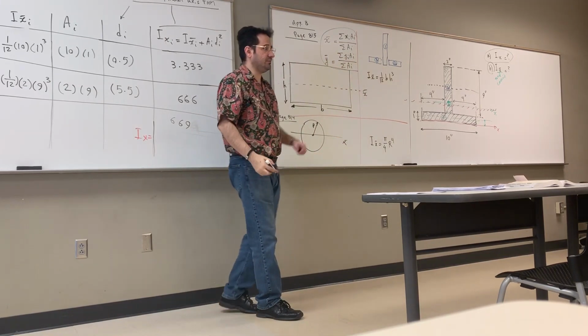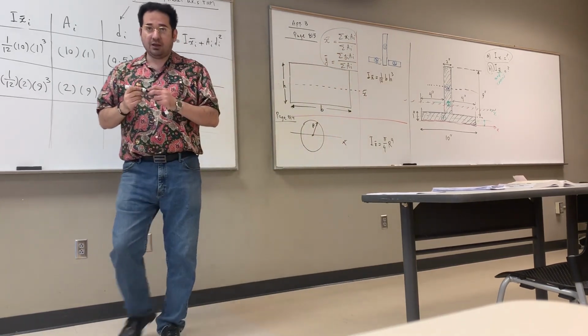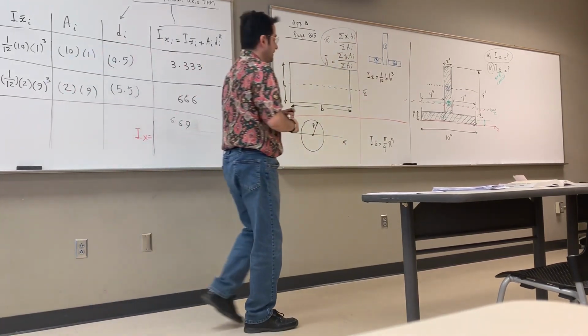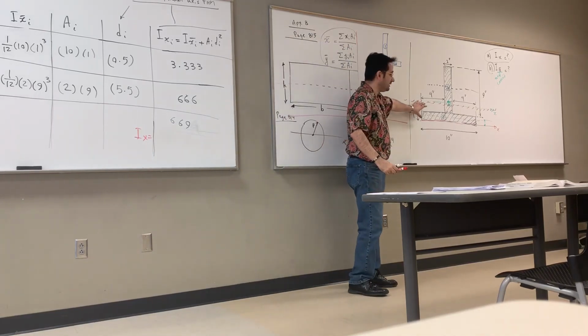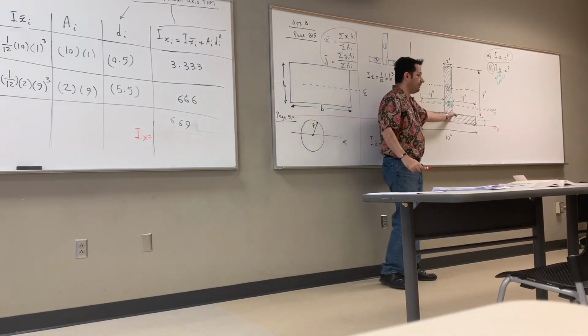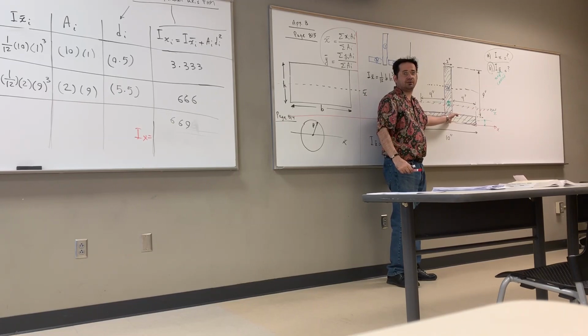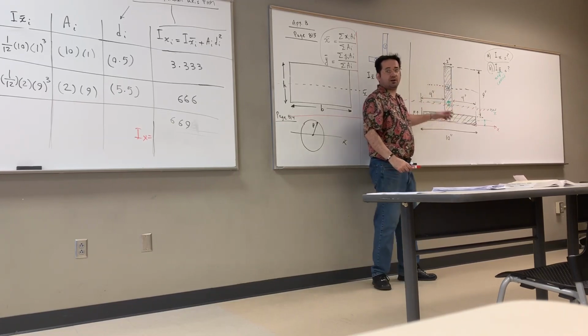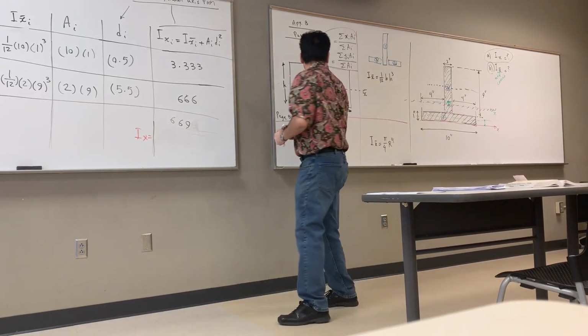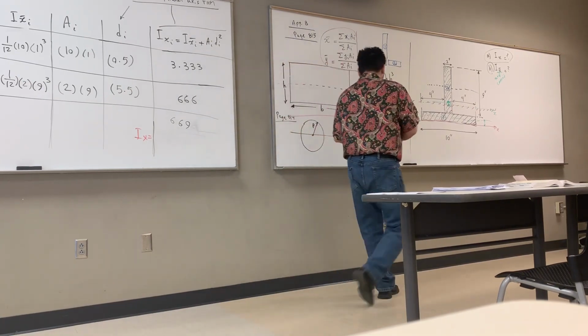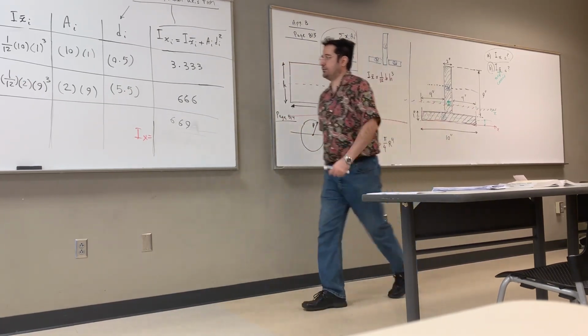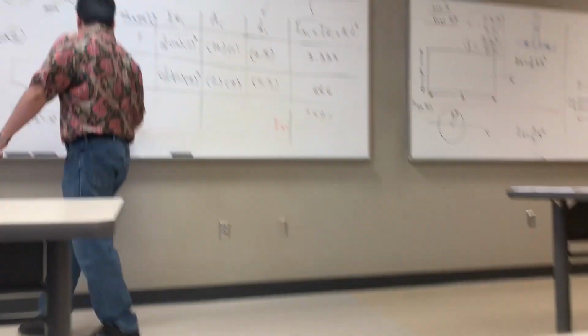This formula will be given in the appendix. The one I want here is the y location. The x location, we all know is 5, right? It's symmetric. So where is the y location? So I make my little table here for the centroid computation.